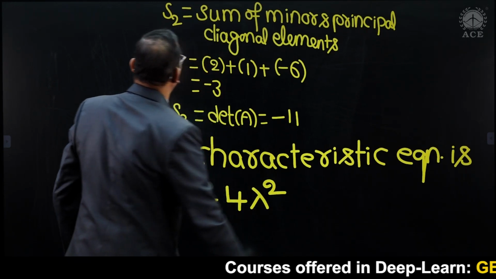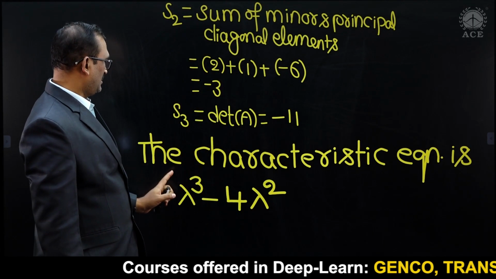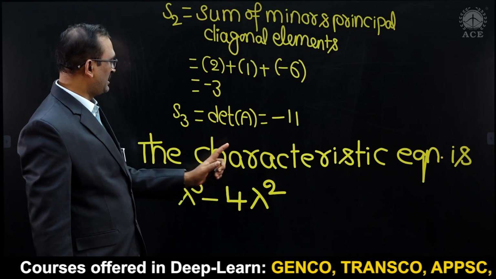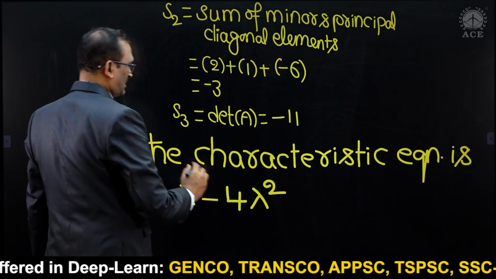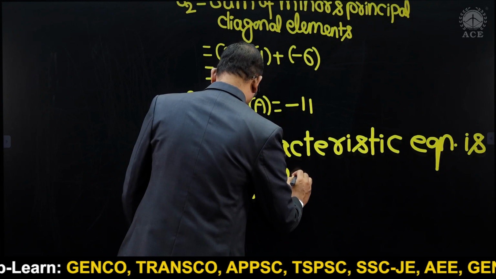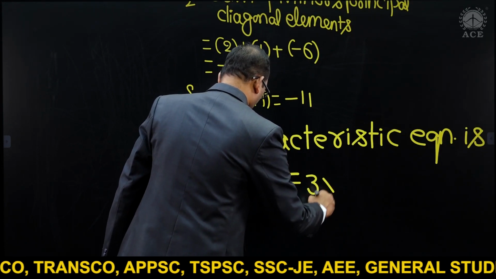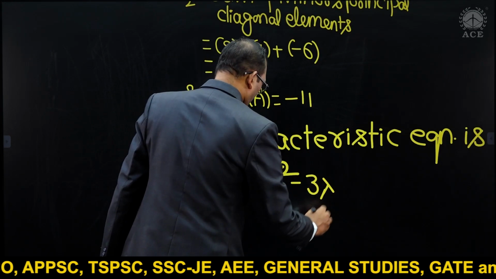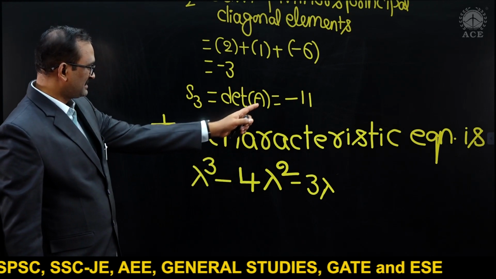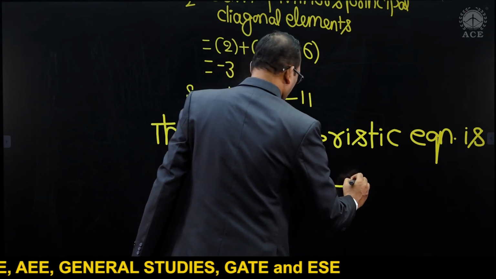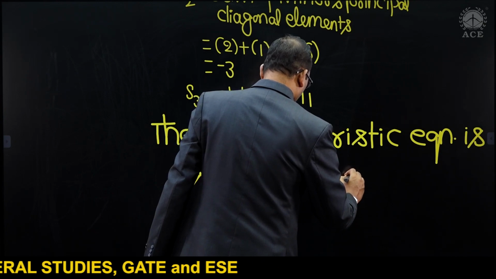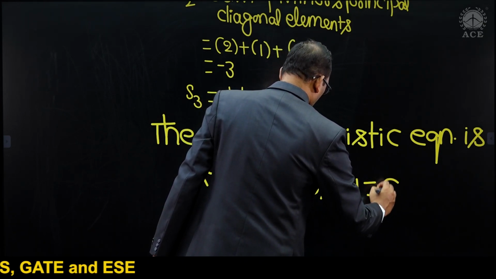What is S2 value? Minus 3. And S3 value is minus 11, so minus into minus gives plus 11, equal to 0.